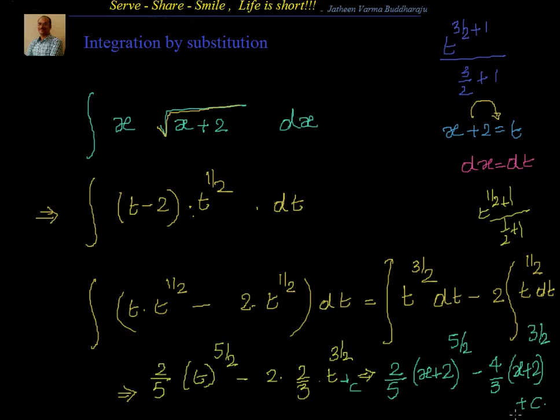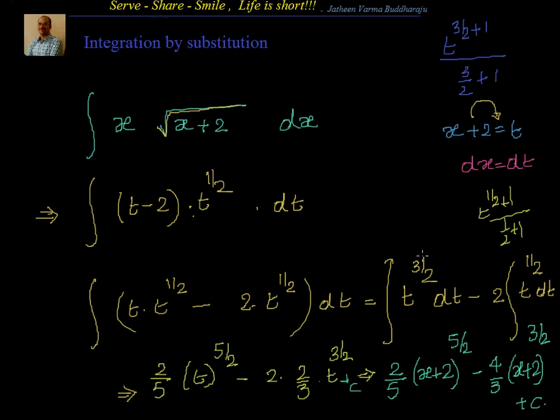So that's how we can solve this problem. Let's have a look at that again, what we have done. We have been asked to find the integral of x into square root of x plus 2. So we have taken x plus 2 is equal to t, then x equals t minus 2, and root of x plus 2 is root t.